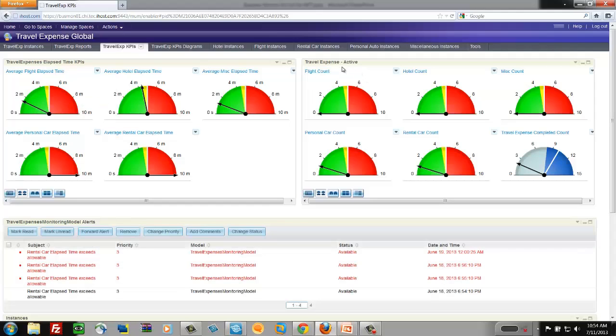Then over on the right hand side we've got another set of KPIs that are counting the active instances that are running, and you can see we only have two, those two that were not yet complete. You also have the idea of alerting against information in the lower level models or in that global model, whichever you want to do your alerting against, and we have some alerts here that have popped up.